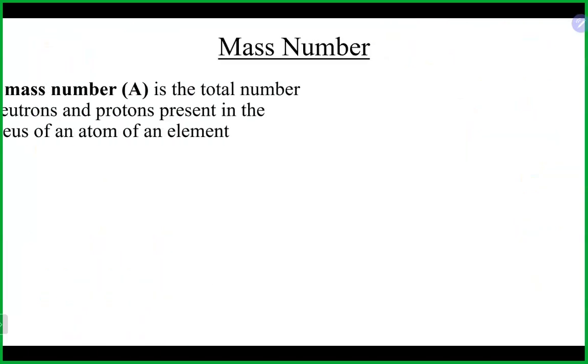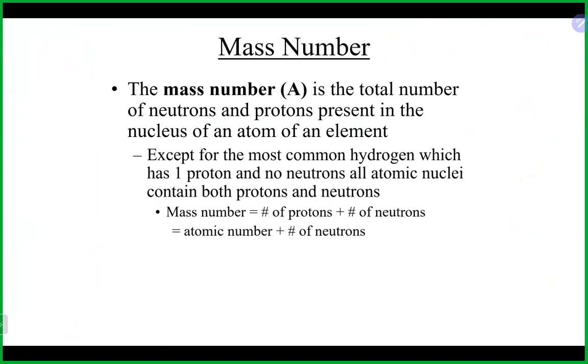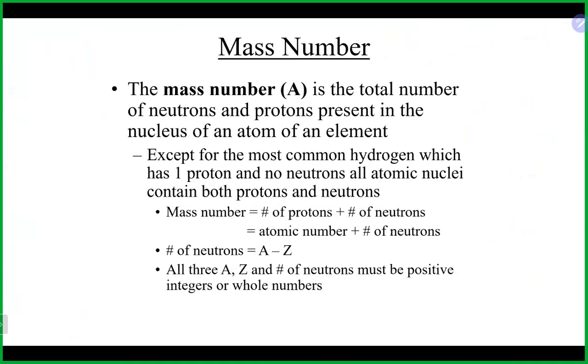The next important number is the mass number. The mass number is sometimes abbreviated as an A. The mass number is the number of protons plus the number of neutrons. Your atomic number, as we just talked about, is your number of protons.